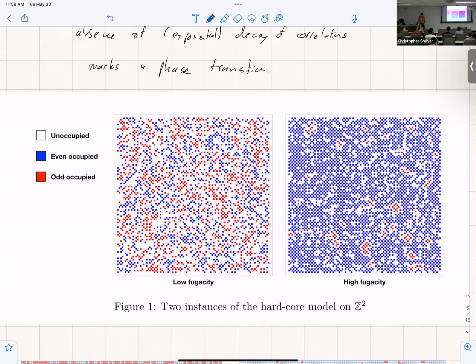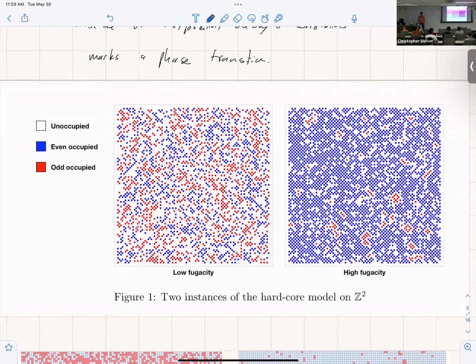And what I want you to see on the left is here lambda is relatively low. Red and blue are kind of mixed all about. So you might say that's disordered, if you like. It looks random, but you can see locally it is respecting this checkerboard pattern, right? You get little patches where you somehow align with the even or odd, but that doesn't globally persist in this big box.